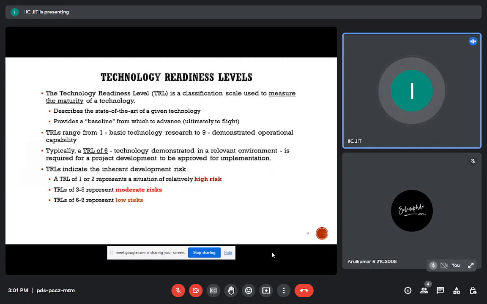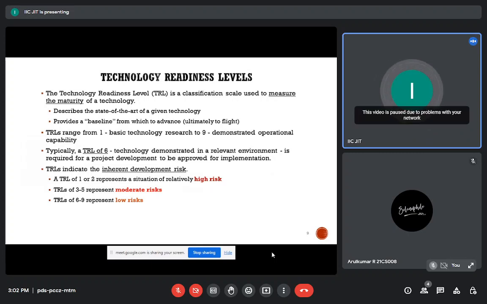Now, this level, it is a 9-point scale. NASA brought in these 9 TRL levels when they were putting satellites into space and the space shuttle. The space shuttle program is a very complicated program. So they started this. Subsequently, industry also started using this. The European Union and ISO standardized these 9 levels of TRL.